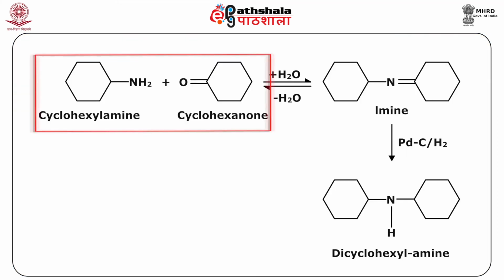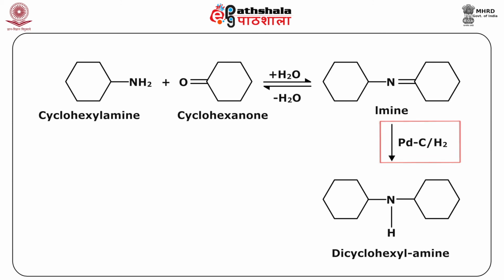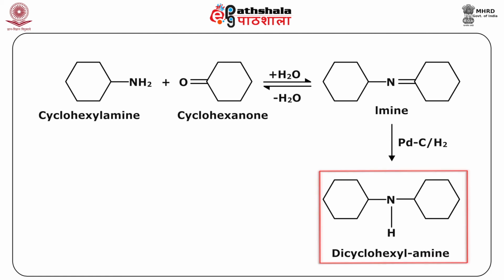The synthetic approach involves the reaction of cyclohexylamine and cyclohexanone to form the intermediate imine in step 1. The intermediate imine on catalytic reduction with palladium charcoal and hydrogen forms the final product dicyclohexylamine in step 2.